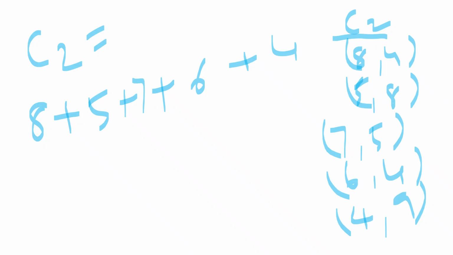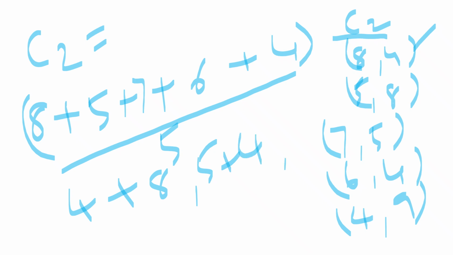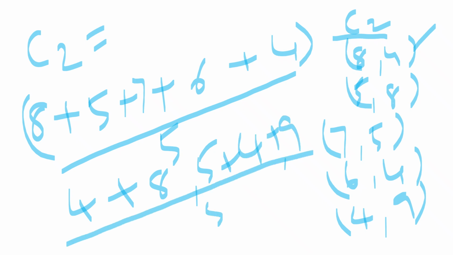There are totally 5 points, so after adding, I calculate the average. In the Y direction also, I have the values 4, 8, 5, 4, then 9. Then I divide by 5. So cluster 2 has the answer (6, 6). This is the new cluster head.